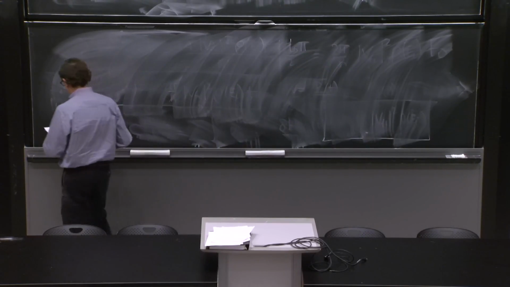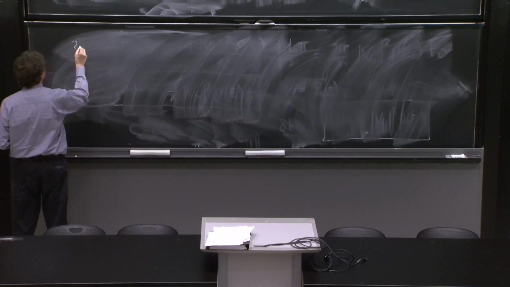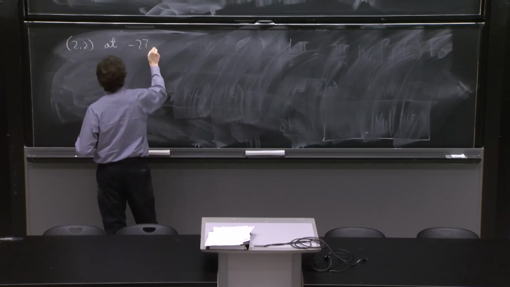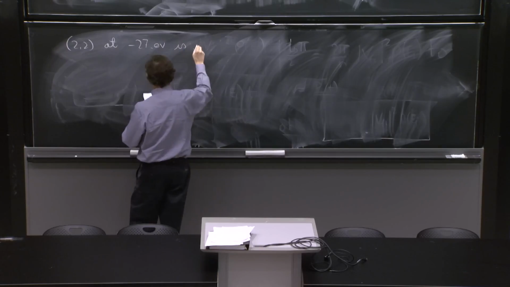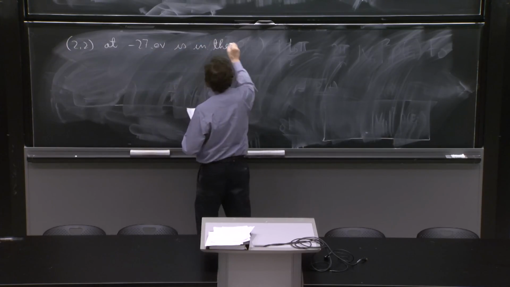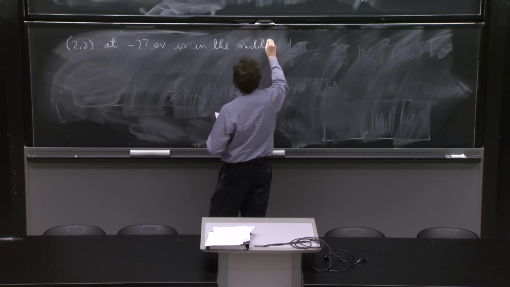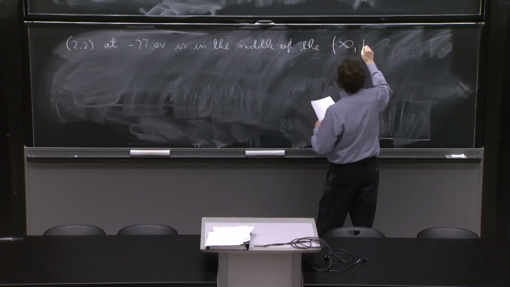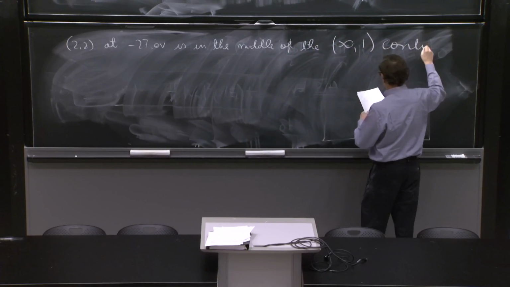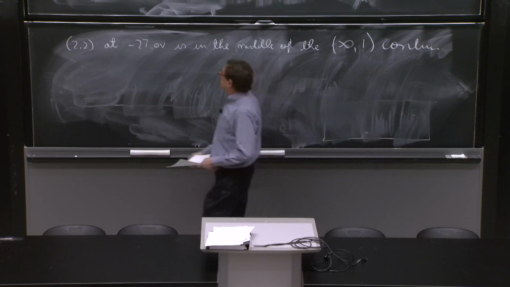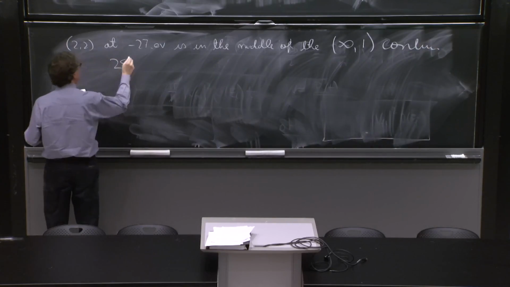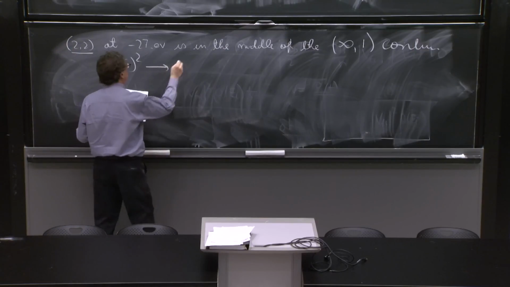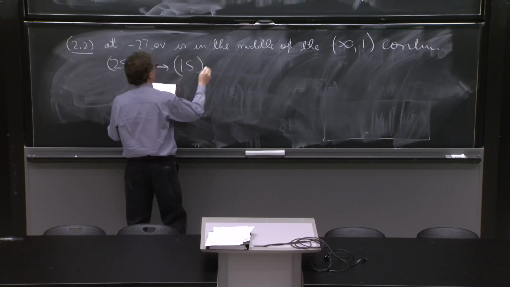So the Auger transition: the line (2,2) at minus 27 eV is in the middle of the (infinity,1) continuum. So we'll have a transition from 2s squared, that's the name of this state, to 1s times free.